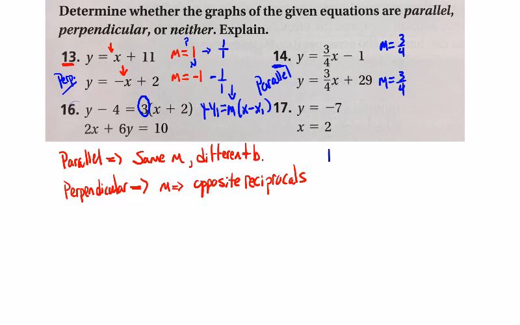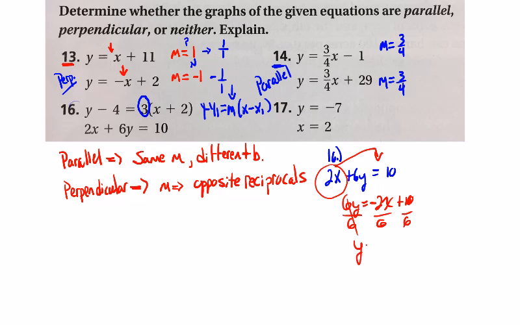Here, I'm going to work it out down here. Here's my example for number 16. 2x plus 6y equals 10. So I'm going to go ahead and drag that 2x over to the other side. And this becomes 6y equals negative 2x plus 10. All right. And then I divide everything by 6. And I get y equals negative 1/3 x plus 5/3.